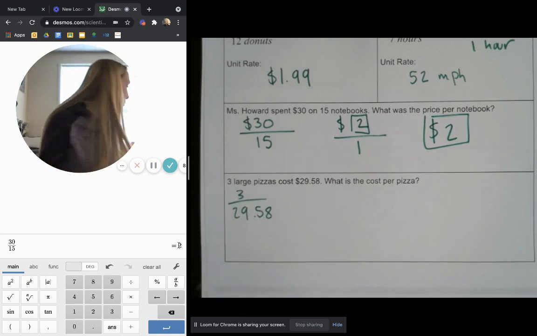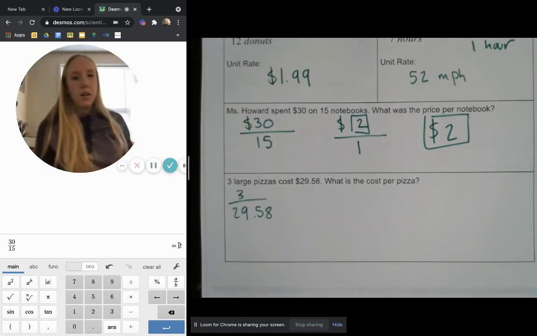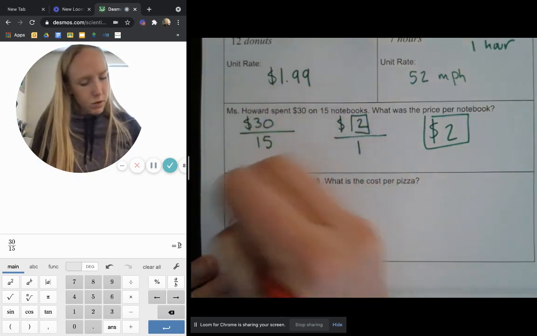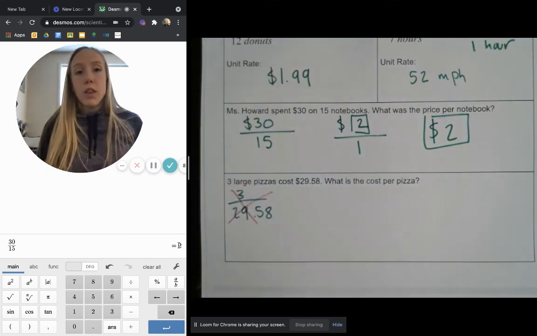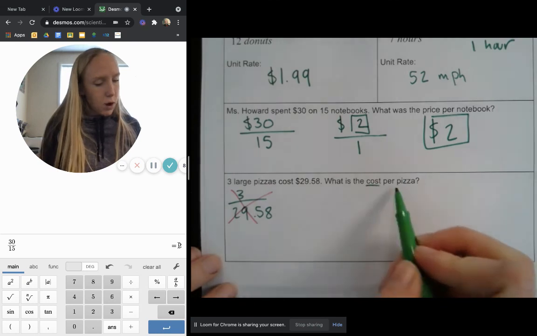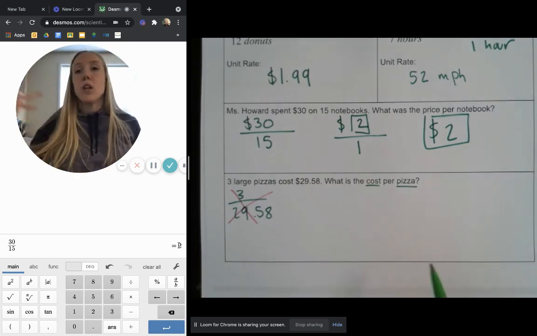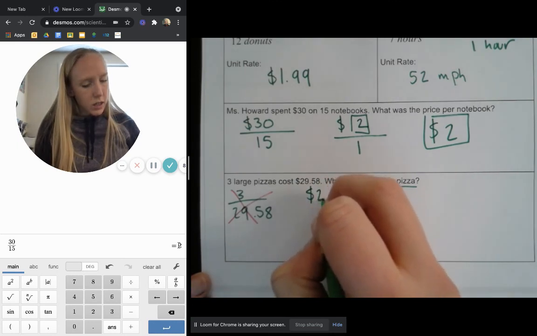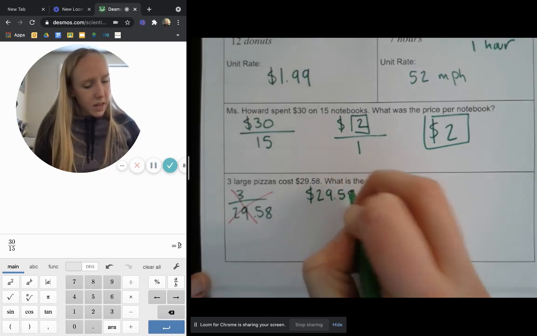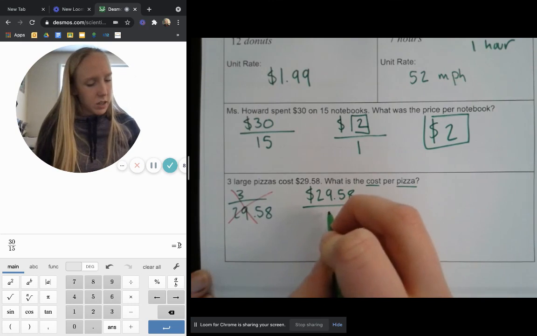That's not correct. You don't want to do that. The reason you don't want to do that is because we want to know the cost per pizza. So the cost goes on top. So the cost is $29.58. And how many pizzas there are is 3 pizzas.